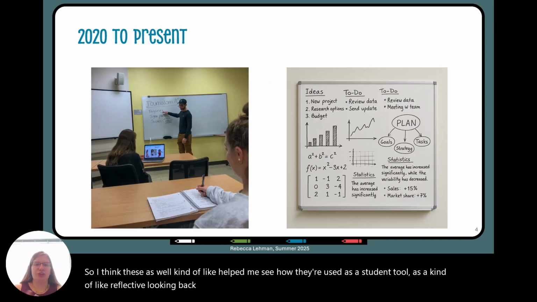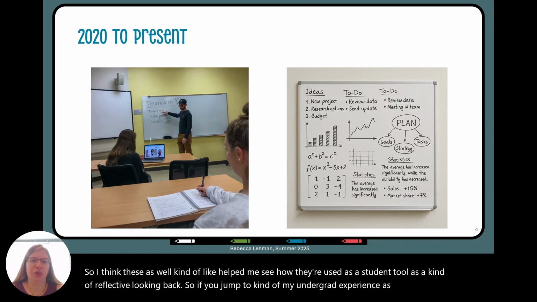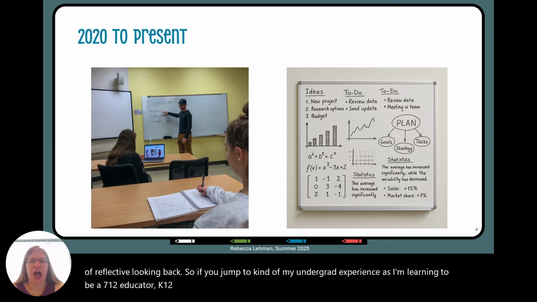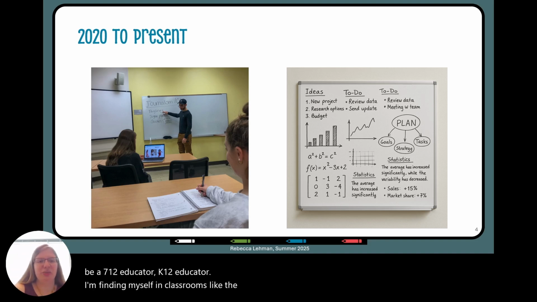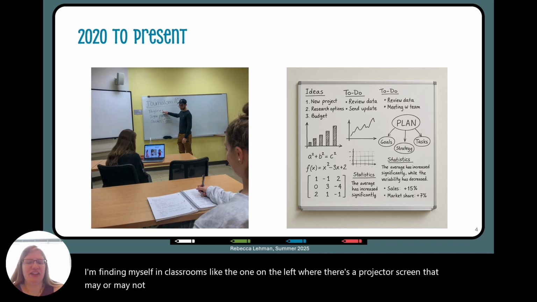So if you jump to my undergrad experience, as I'm learning to be a 7-12 educator, K-12 educator, I'm finding myself in classrooms like the one on the left where there's a projector screen that may or may not be used, and then whiteboards and sometimes even chalkboards still.